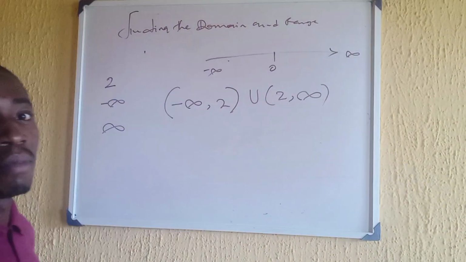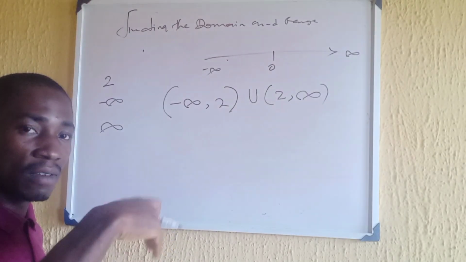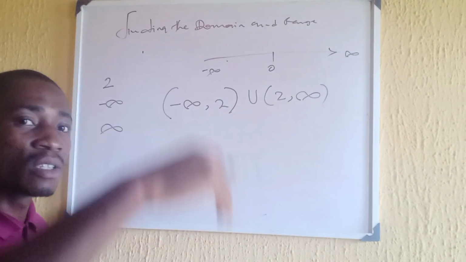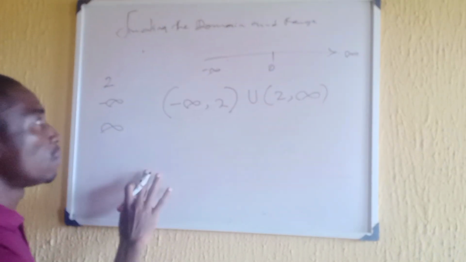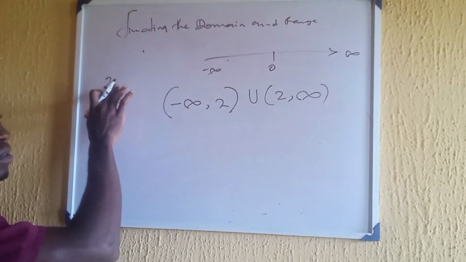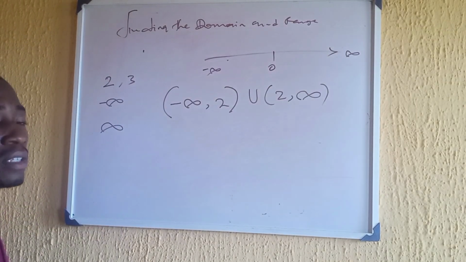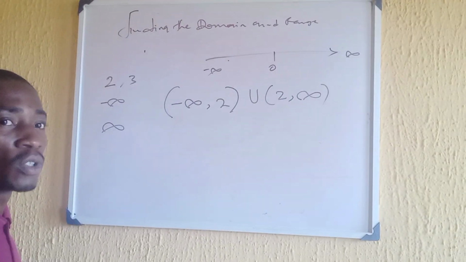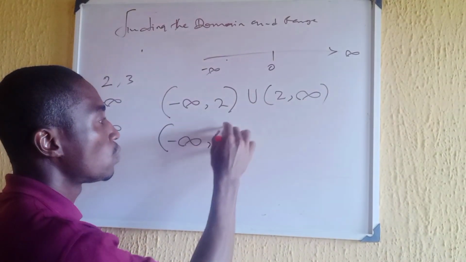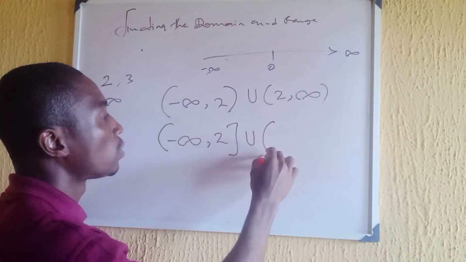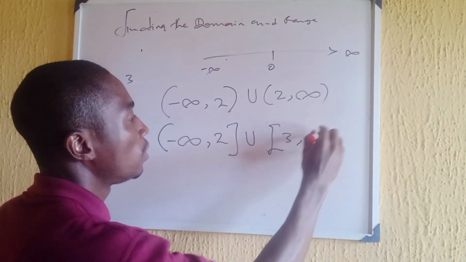So whenever I'm using a normal bracket, it shows that the value at that boundary is not part of the domain. But when I use a square bracket, take for instance 2 is part of the domain, and let's say another number 3 is a boundary value and part of the domain, I can say negative infinity, comma 2, then union 3, comma infinity.